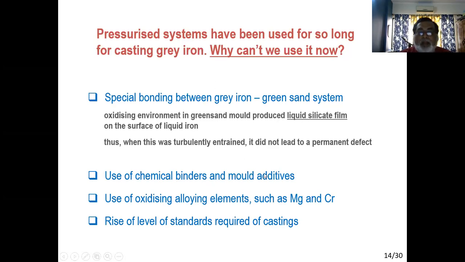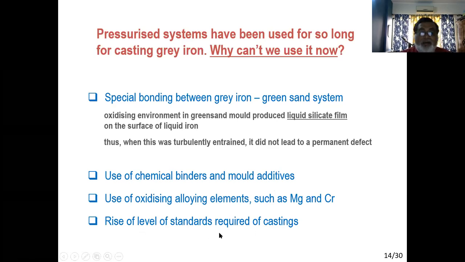So the insensitivity to turbulence is lost in this case. As a result, turbulence will give you bad quality castings in these types of molds. Another thing is the use of oxidizing alloying elements such as magnesium or chromium. These are oxidizing, so turbulence is a bigger concern in this type of alloy.